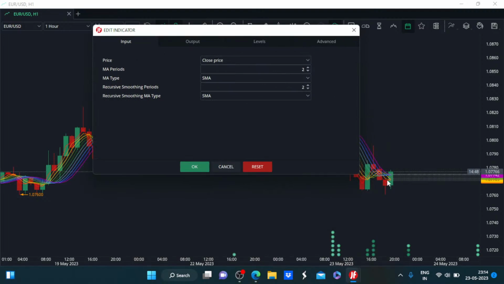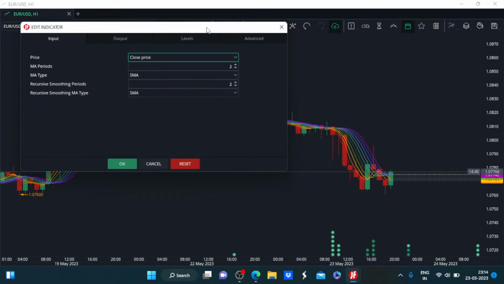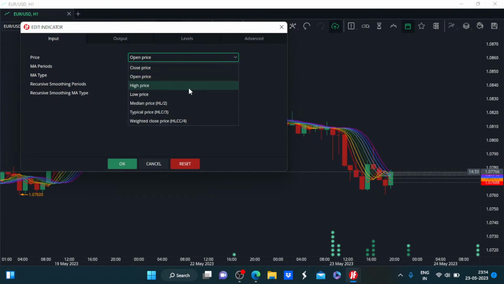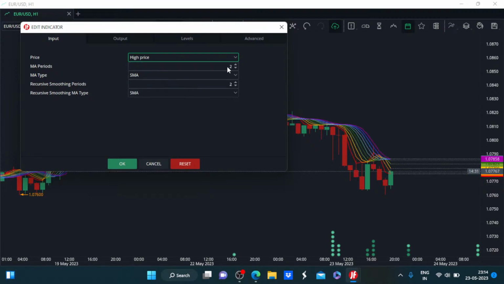It won't be that responsive. So that is also one factor we have to keep in mind. And you can also vary the applied price.